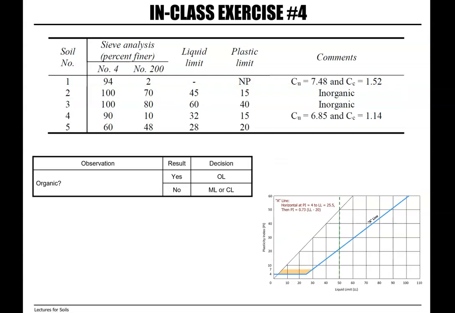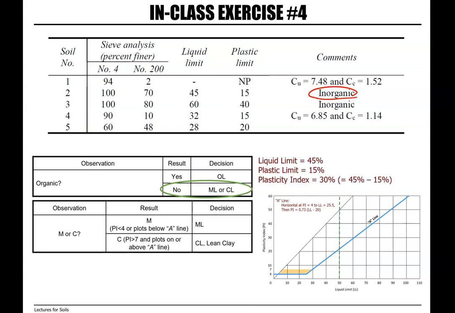So we need to answer the question, do we have organic? It says inorganic. And then we need to use the plasticity chart. Liquid limit is 45%. And plasticity index is 45 minus 15, LL minus PL.